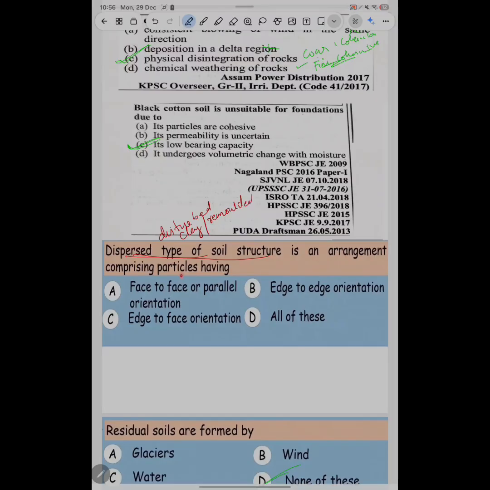Here we can see face to face orientation is also called parallel orientation. Then next is edge to edge orientation, edge to face orientation. Edge to face orientation is called flocculated structure. That is for undisturbed clay.